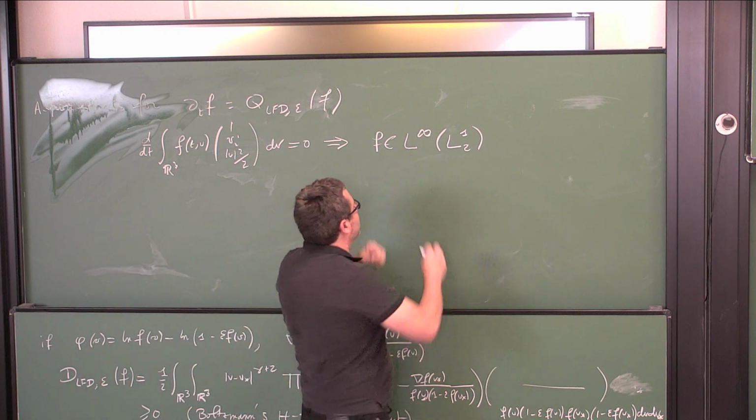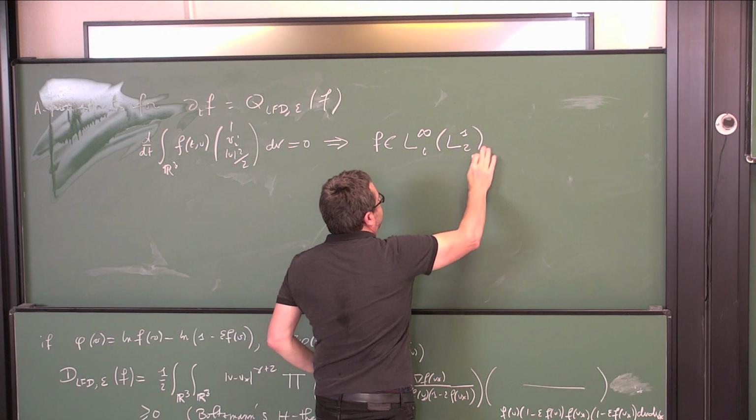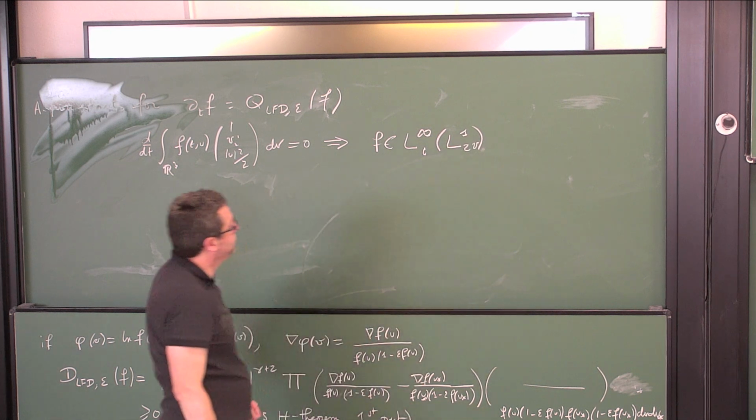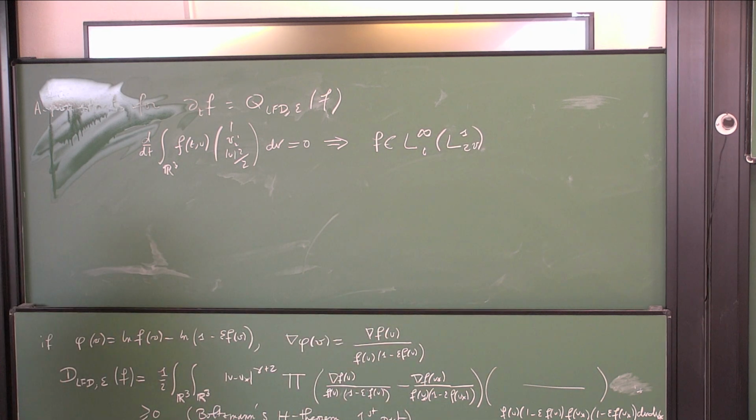Here this is a time variable, and here this is the v variable, okay? So this is the first natural a priori estimate.